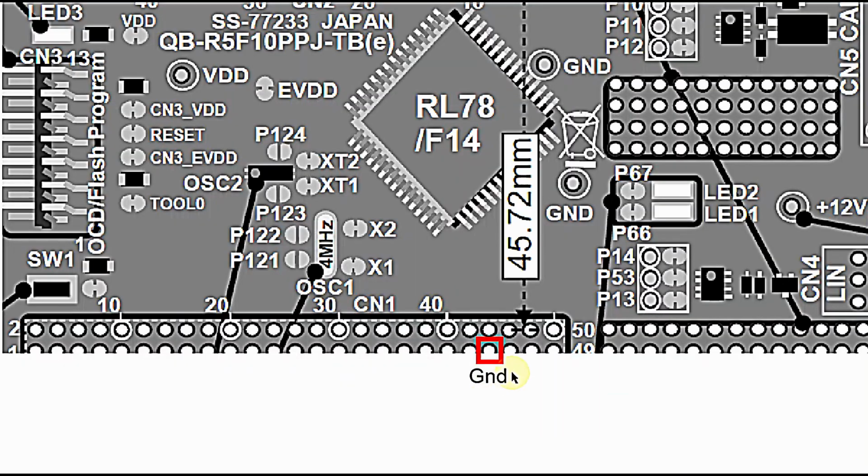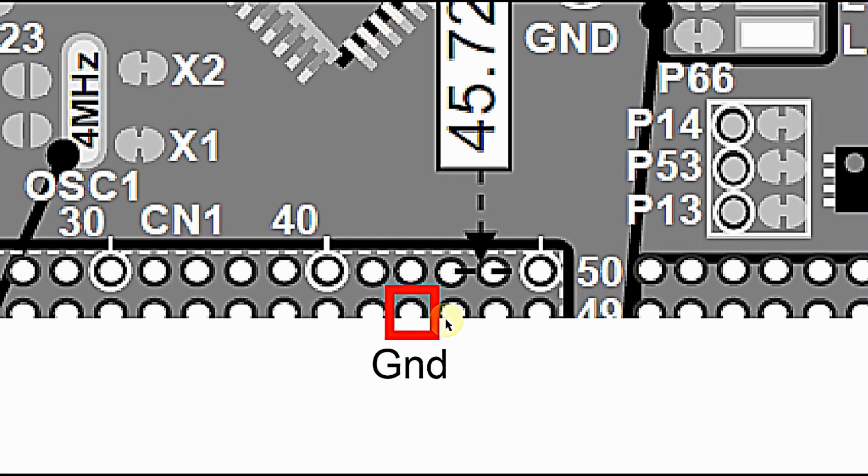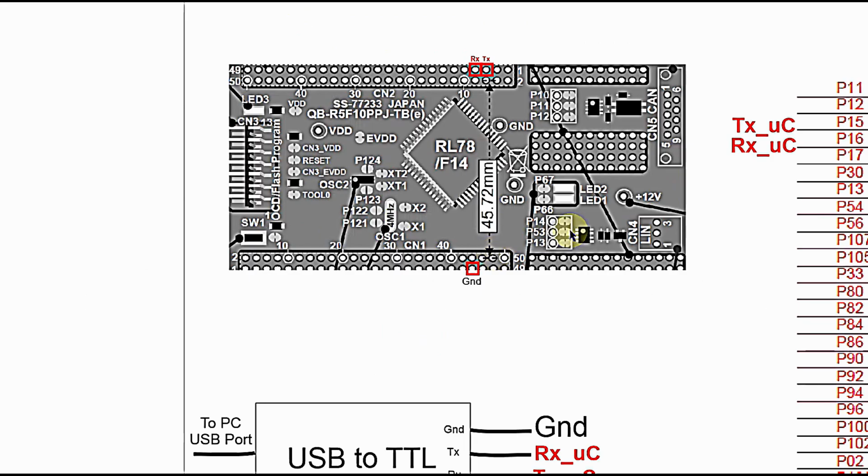And in addition to that, we are just going to utilize the ground right over here in the CN1 connector. This is the common ground for the development board as well as the circuit. It is available in CN1 connector pin number 43. So these three are the connections that we are going to make between this development board and the USB to TTL converter.